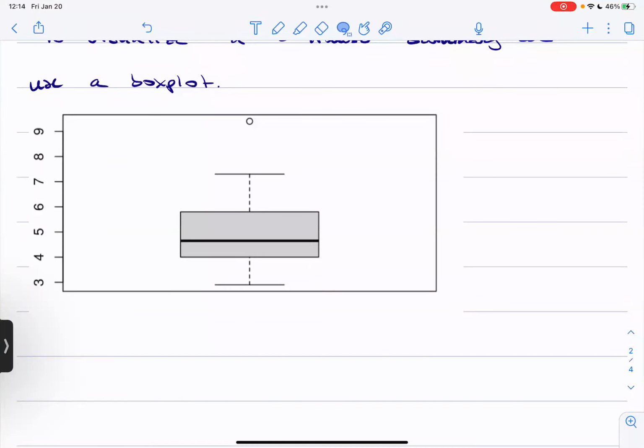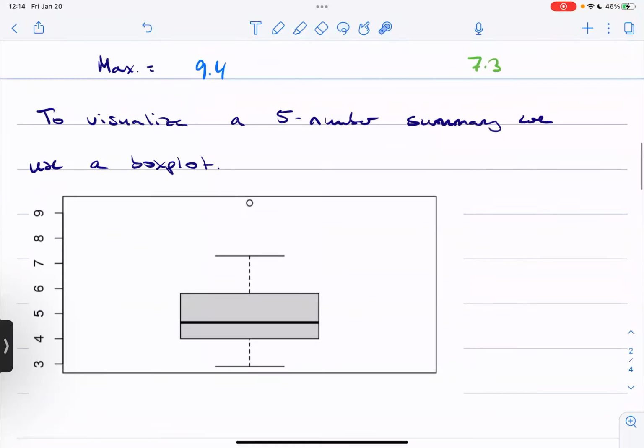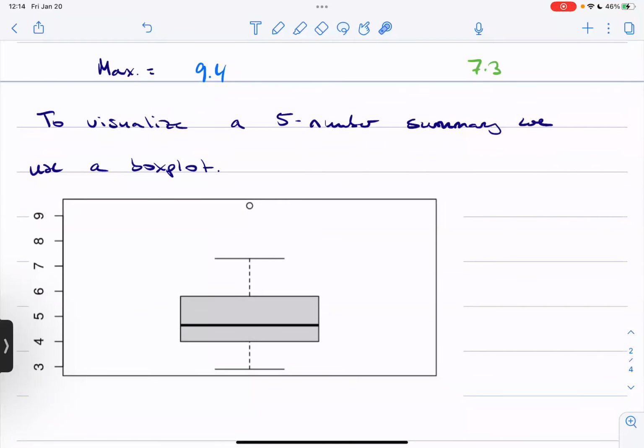Okay. And so we can recognize a box plot, but how do we read a box plot? So notice that here the axis actually starts at 3, right? So it doesn't necessarily start at 0. So that's something to keep an eye out for. And then it increases this way. So where I start with the box plot is here in the center. In the center, we have the median.